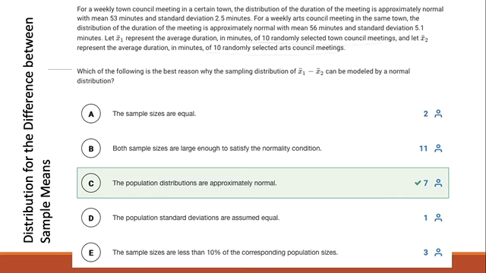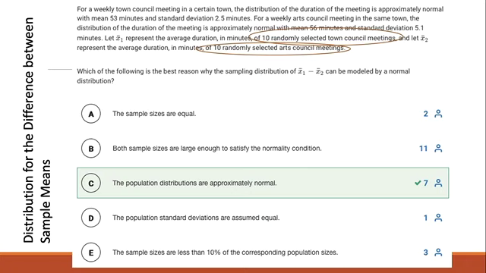In this question, the most important information is to recognize that we are looking at 10 randomly selected town council meetings and 10 randomly selected arts council meetings, and we are looking at the length of time that those 10 randomly selected meetings took.